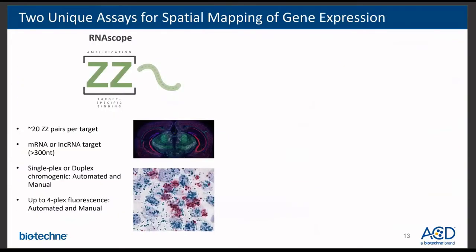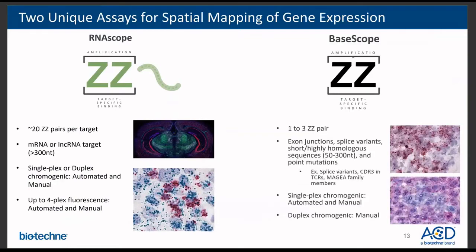Okay, so with that being said, we have two unique assays for spatial mapping of gene expression. I've just gone through the RNAscope portion of it, and then we can compare that to our BaseScope, which, just to reiterate, targets exon junctions, splice variants, short, highly homologous sequences, point mutations, etc. Compared to RNAscope, BaseScope is only available in chromogenic, not fluorescent.